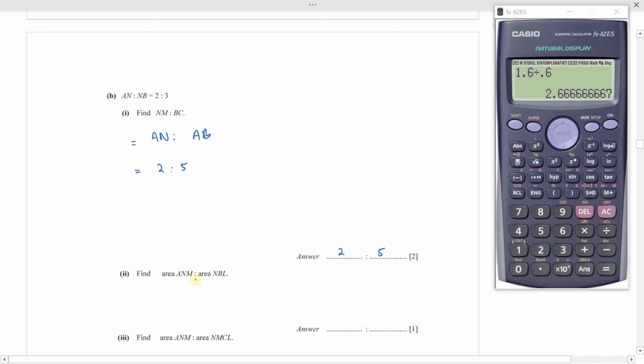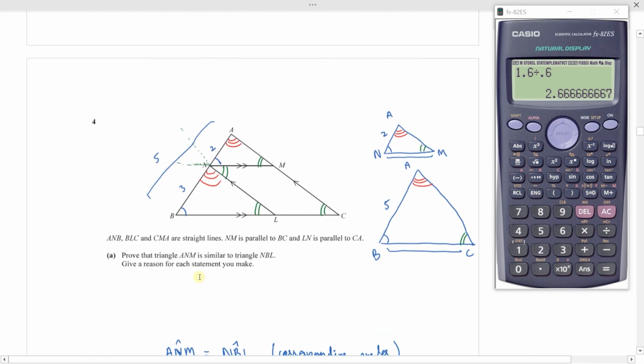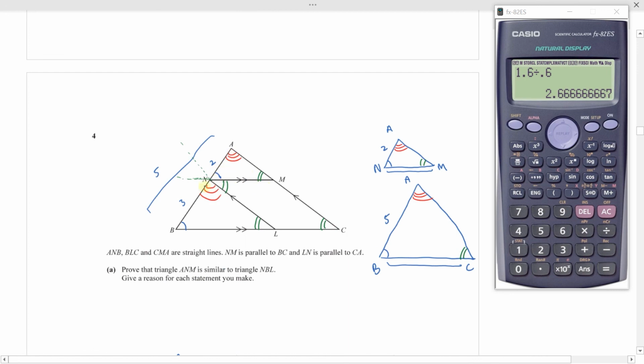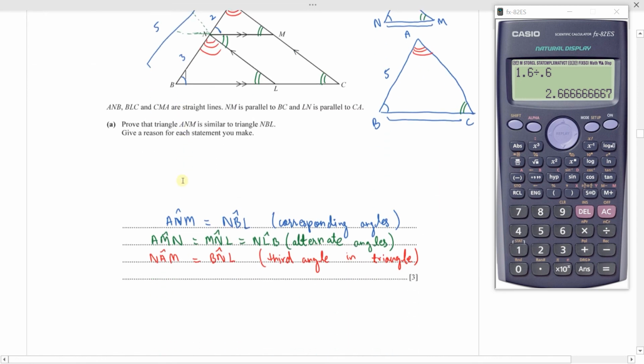Part B is area of ANM, area of NBL. So this will be pretty straightforward. Again, you have the ratio of corresponding sides. AN is 2, NB is 3. And since these are similar triangles, the square of the ratio of their sides will be the ratio of their areas.